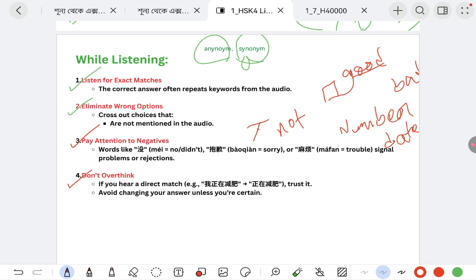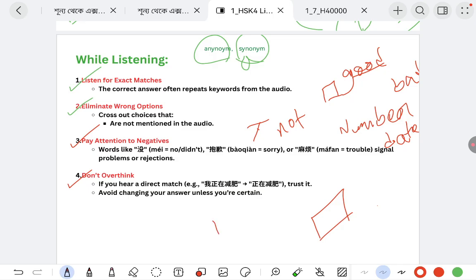And don't overthink, because you don't have much time. After you complete the audio, try to answer the question within a few seconds, because if you spend more time on one question, you don't have enough time to think about the second question.